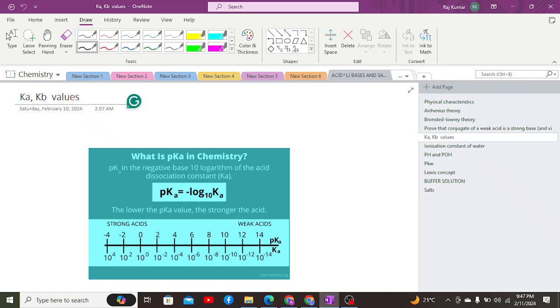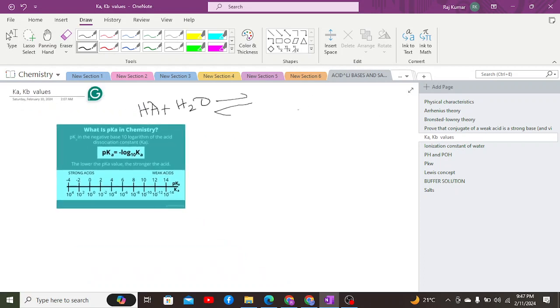Coming to the next point, we have the Ka and Kb values. If we talk about Ka, suppose we are going to dissolve an acid HA, with its acidic proton H, the hydrogen proton, into water. When it is dissolved in water, it produces a hydrated proton.